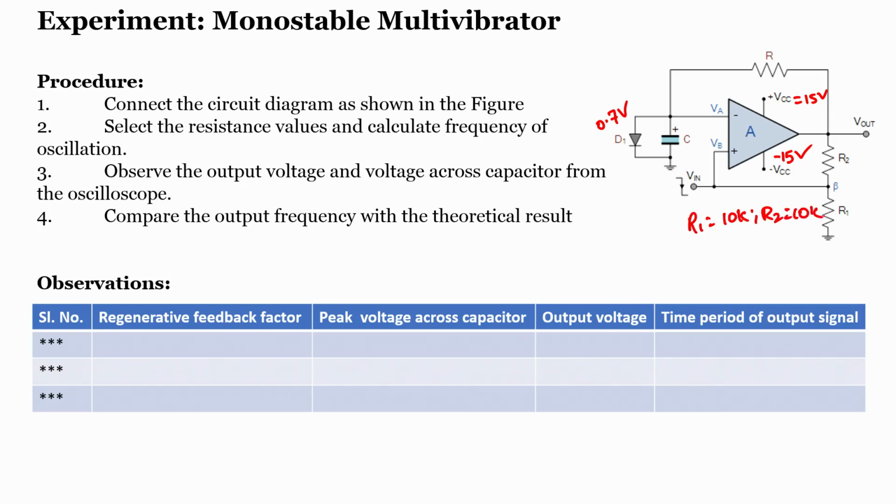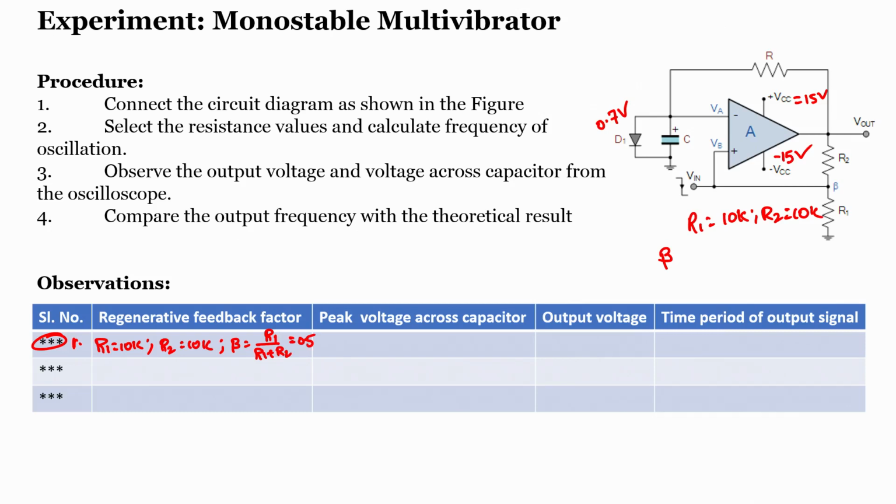So R1 and R2 are 10 kilo, meaning the beta value, which we call the regeneration factor or feedback factor, will become R1 by R1 plus R2, which is 1 by 2, which is 0.5, right.